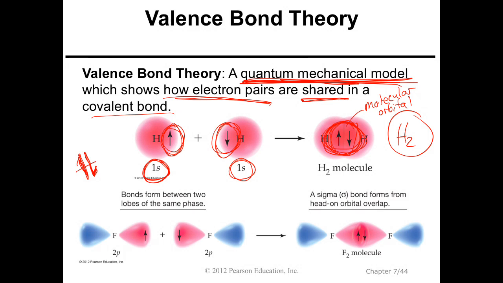When you have s orbitals overlapping and sharing electrons, it's kind of like a head-on collision. Think of a head-on collision of overlapping orbitals. We call that a sigma orbital, or a sigma bond.